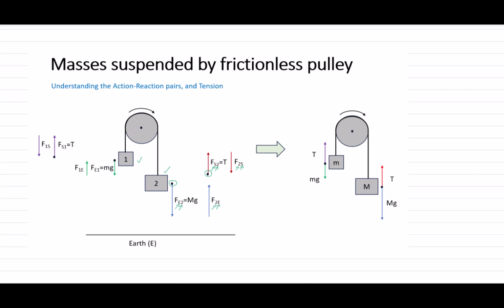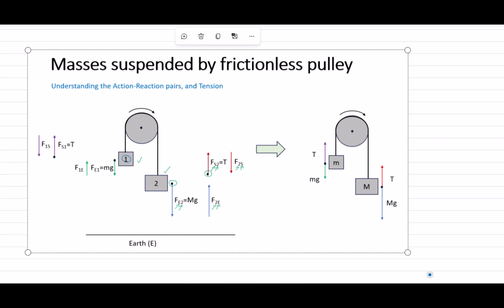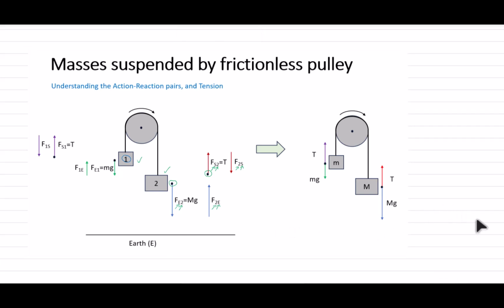Now let's consider what forces are applicable for object 1. If we focus only on object 1, the forces are the force by Earth on object 1, which is given as the weight of the object, m times g, and then the other force in the action-reaction pair, the force by object 1 on Earth.